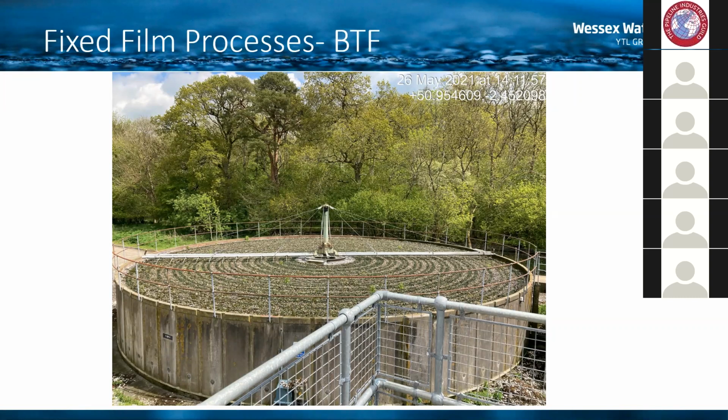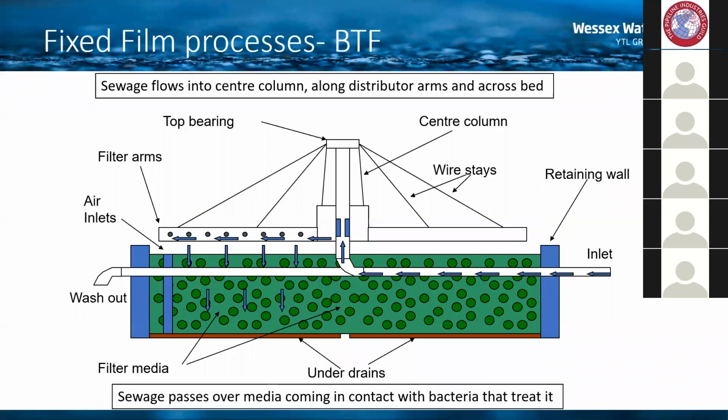So if we go on to the next slide, we can see a schematic of the filter all the way through. So you've got that media, which you can see on here, that continues all the way down through the filter. And as we've just talked about, the sewage comes in through an inlet pipe up into the center, out through the distributor arms, and is then distributed across the filter, allowing the effluent to percolate down through to the under drain channels.